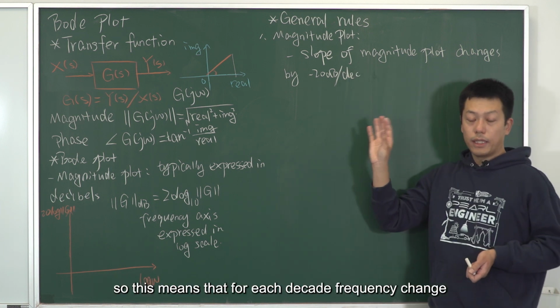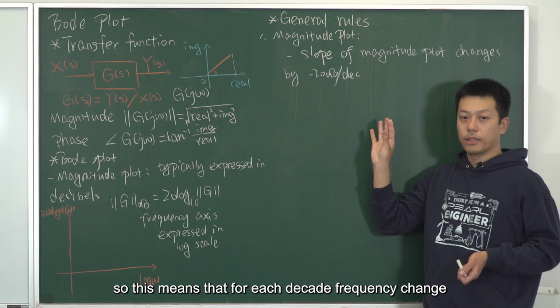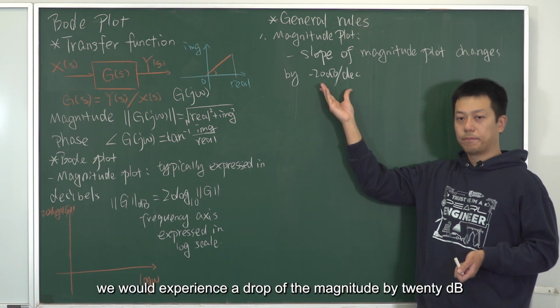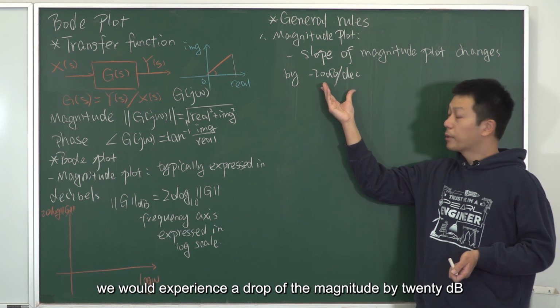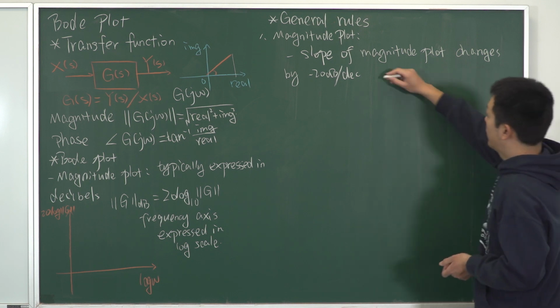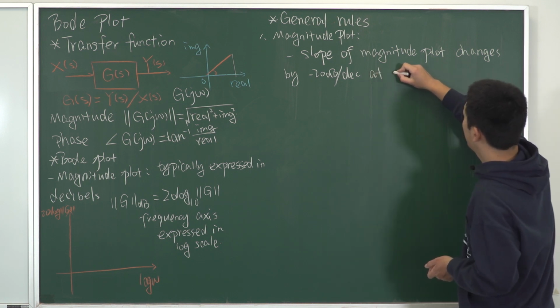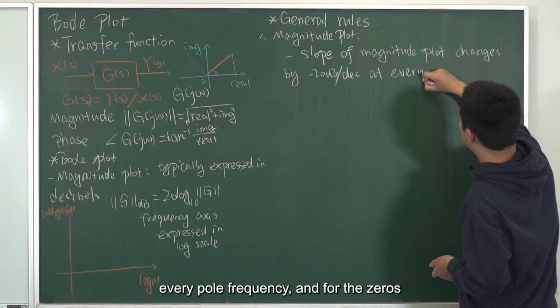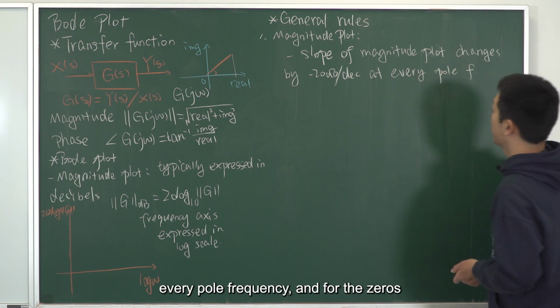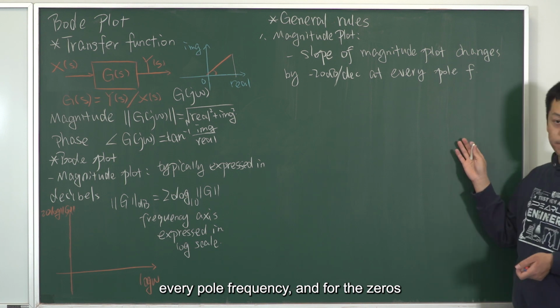This means that for each decade of frequency change, we would experience a drop of the magnitude by 20 dB.